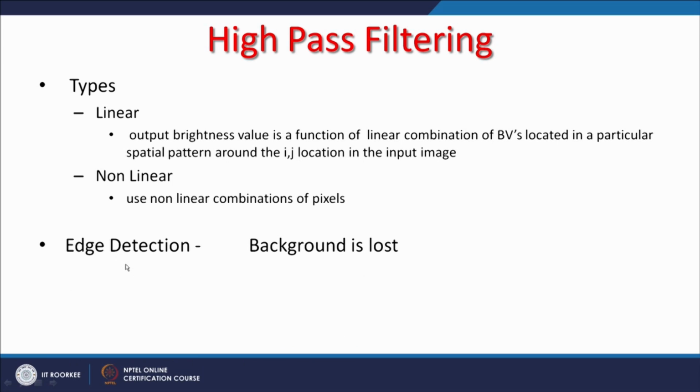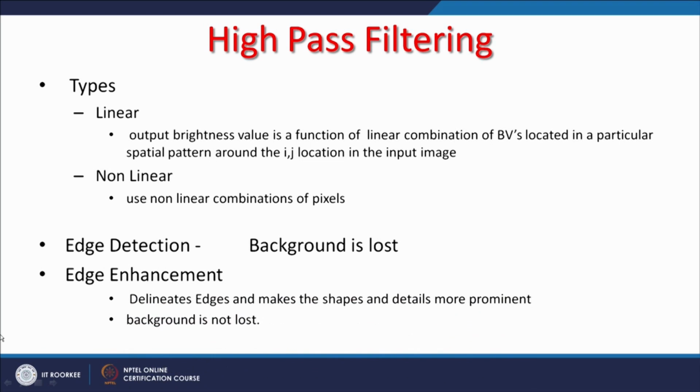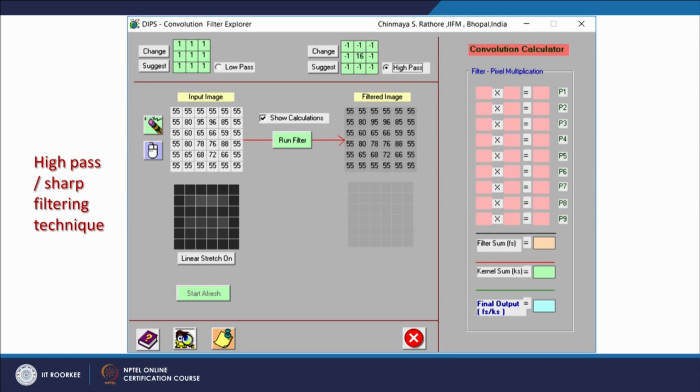A high pass filter is used to emphasize the local variations, maybe for edge detection, and the background is lost. Edge enhancement is a very popular technique that delineates edges and makes the sharpness and details more prominent, and the background is not lost.